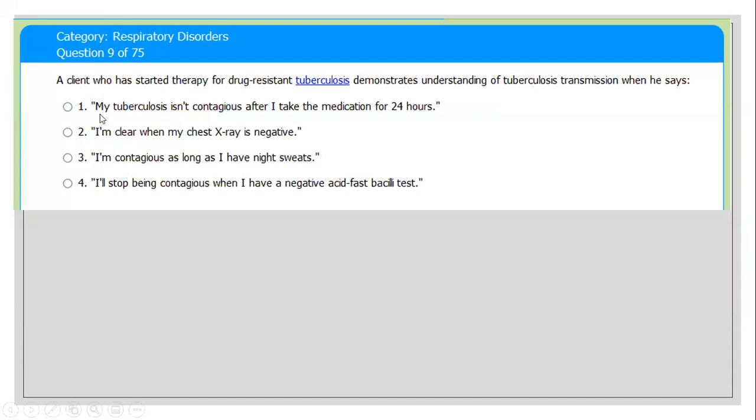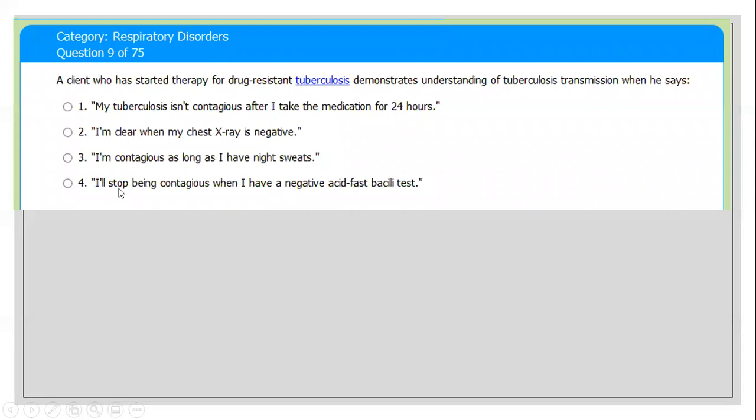So out of four, which statement indicates the patient understands? Number one, my tuberculosis is not contagious after I take medication for 24 hours. Absolutely wrong. Number two, I'm clear when my chest x-ray is negative. Number three, I am contagious as long as I have night sweats.